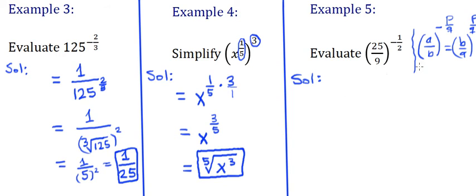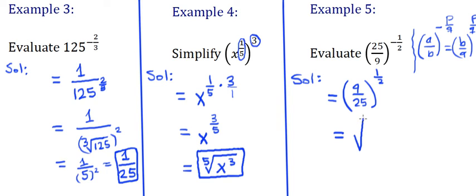So let's apply this rule here. This will be equal to 9 on the top, 25 on the bottom. We flip the fractional base, and this negative 1/2 becomes positive 1/2. Right? This negative sign disappears. So now write this in radical form.